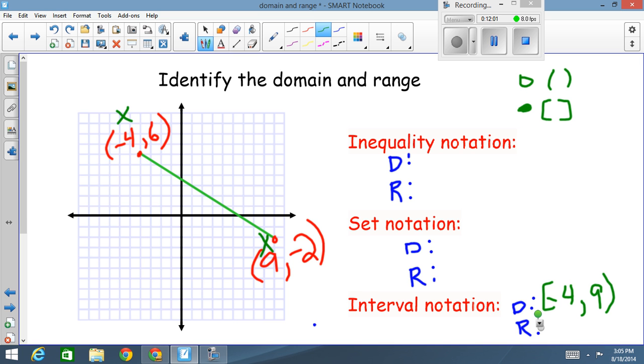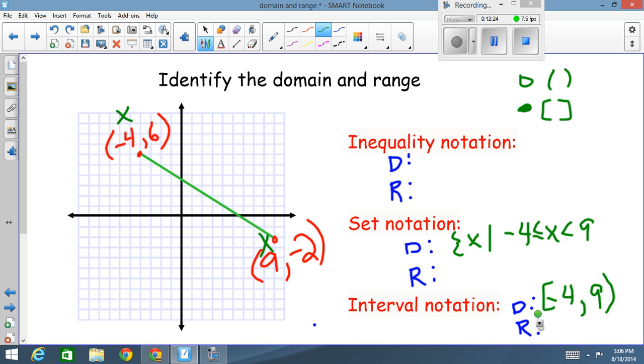Okay? Set notation is going to be open the set x such that the lowest point is -4, the highest point is 9. We trap the x in between. We use a less than and a less than. And if we're including either of those, we'll also include the equal sign.